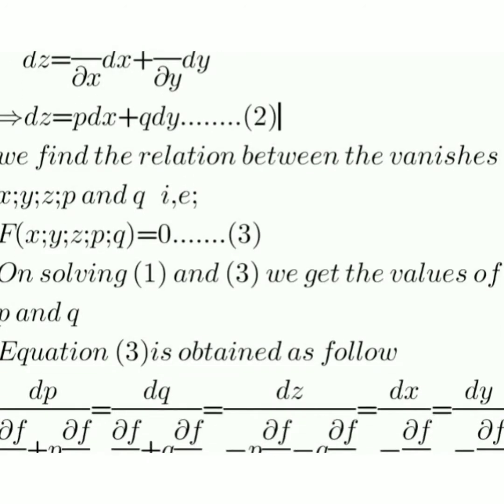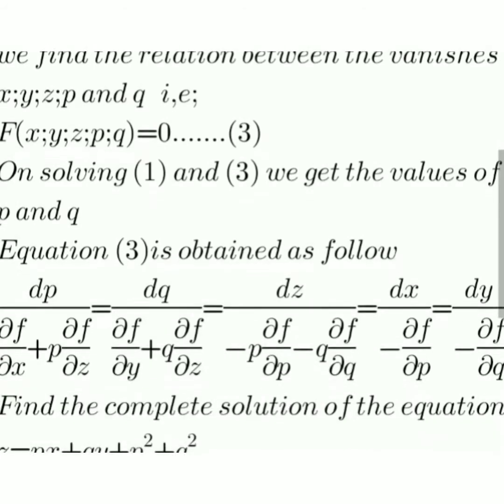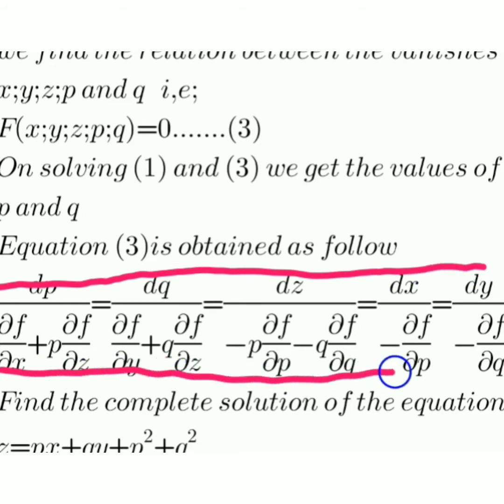On solving 1 and 3 we get the values of p and q, and equation 3 is obtained as this equation. This equation is very important, that's why I discuss it.